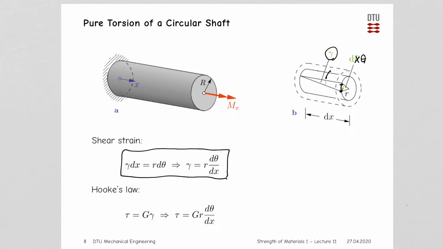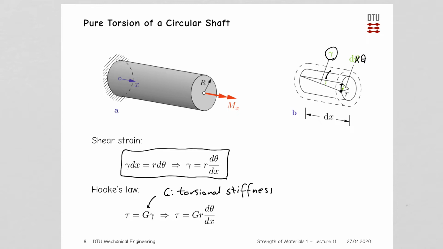So putting that together, we get the following connection between the shear strain and the twisting angle for this short section dx. Now, Hooke's law for twisting, or for shear, we have already covered in one of the previous lectures. And here we have the torsional stiffness G that we use to relate the shear strain and the shear stresses.